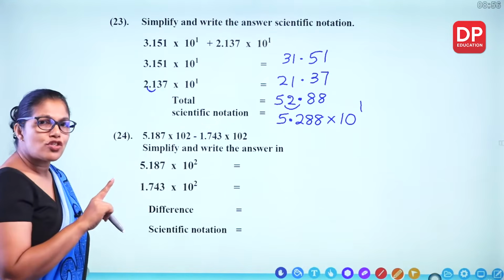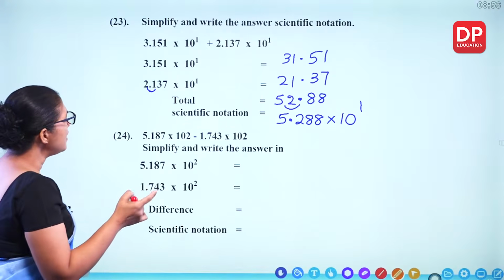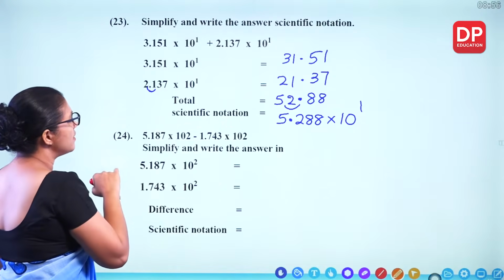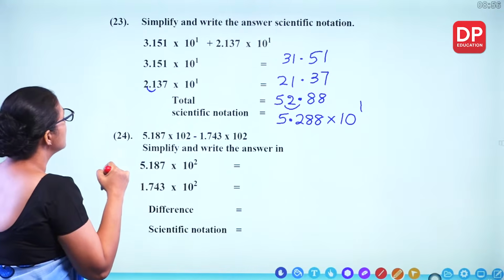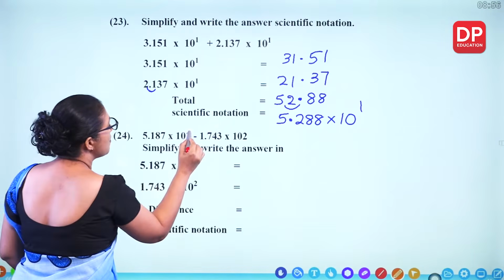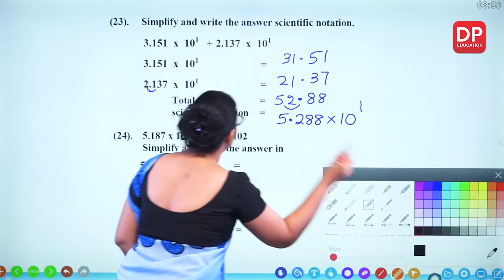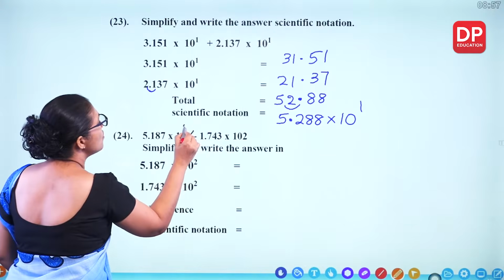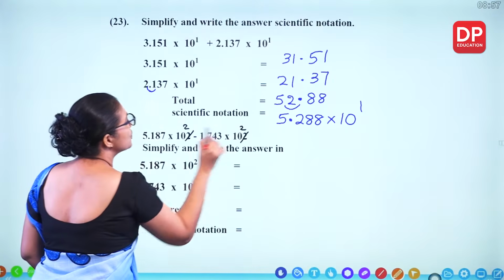This is subtraction. So what can we do? We can write in the normal way, general form, and then convert. So here this is 10 to the power 2, this is 10 to the power 2, this is 10 to the power 2.